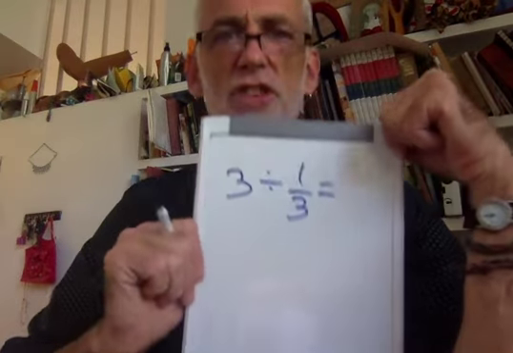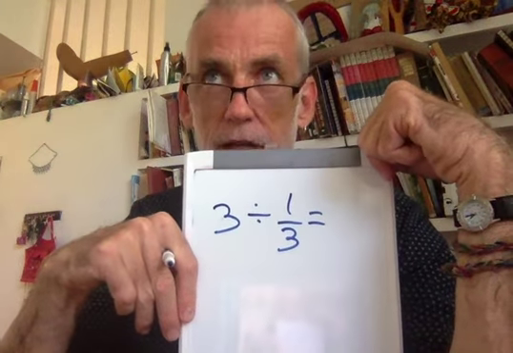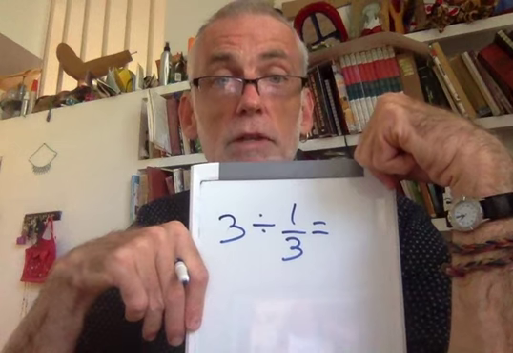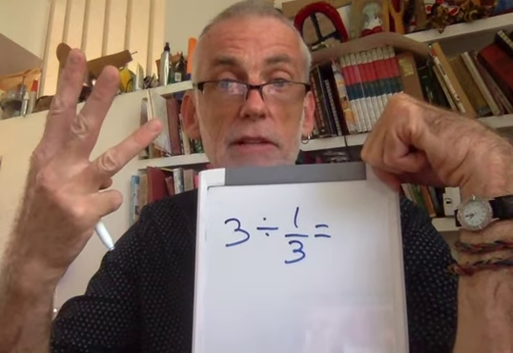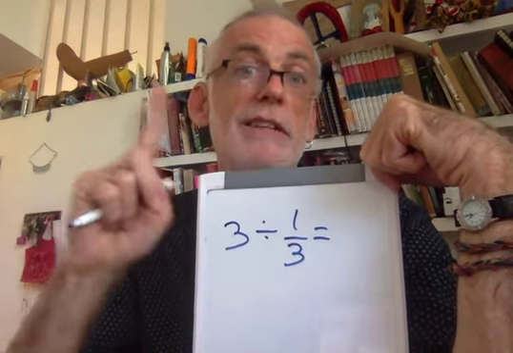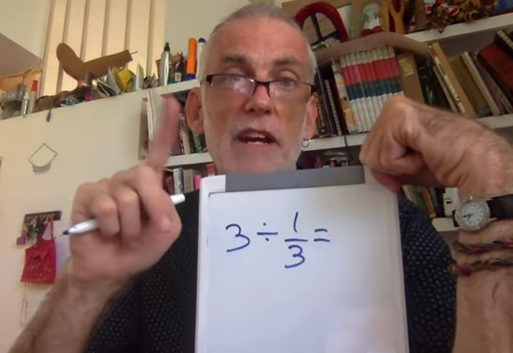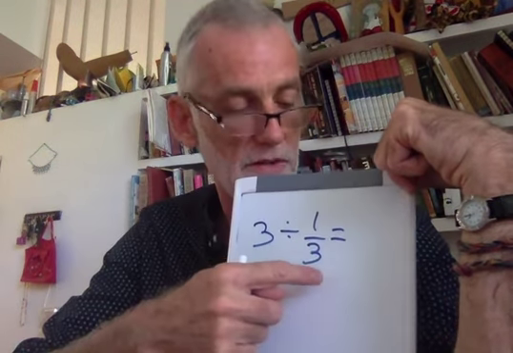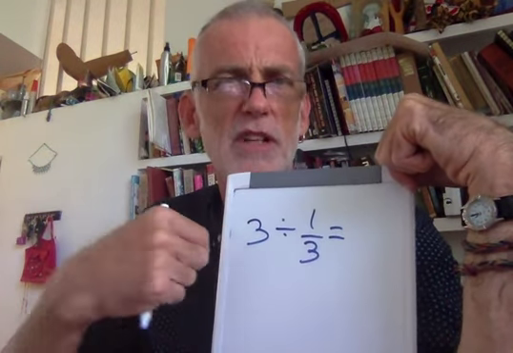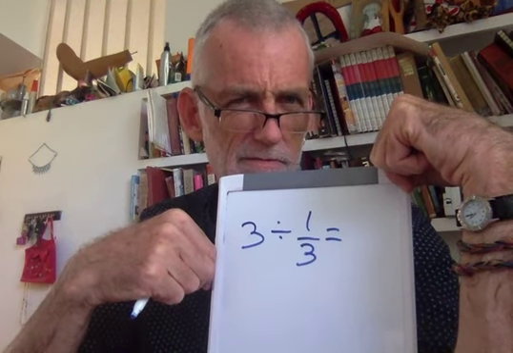Number 3 on page 761 is 3 divided by 1/3. So how many thirds can we put into a 3? Well, how many thirds can you put into a 1? 3, right? 3 thirds equals 1. So if every 1 could fit 3 thirds, into a 3, can you guess?